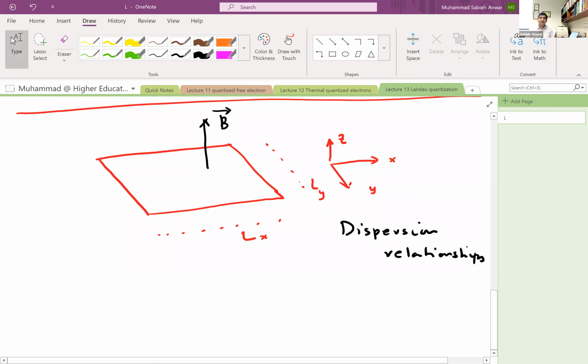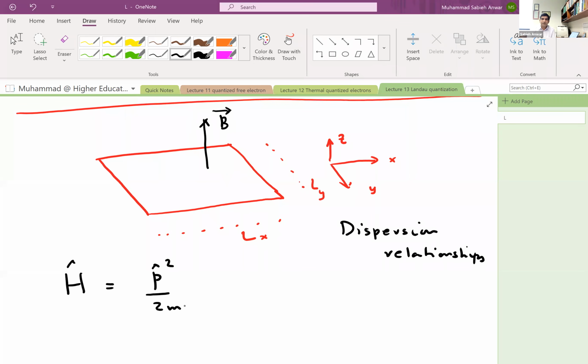So now if I would like to find out the energy eigenstates for the system, I would need to write down the Hamiltonian. We know that the Hamiltonian has a kinetic energy term p squared over 2m, where m is the mass of the electron, and some potential energy. We can take the potential energy to be 0, which is our reference value.